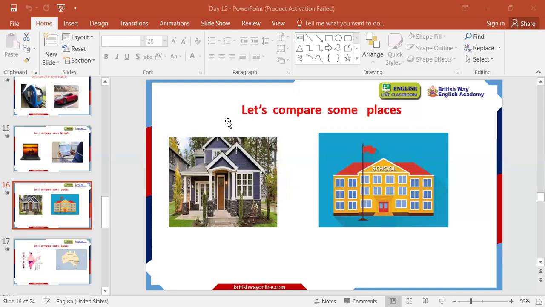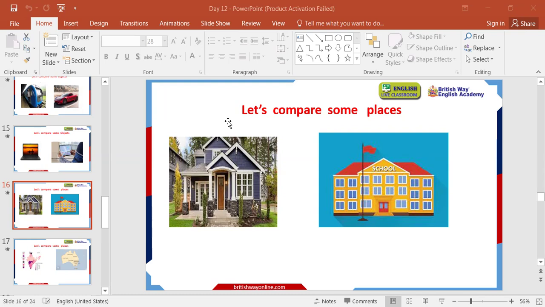Every student loves houses more than... The school is safer than house.